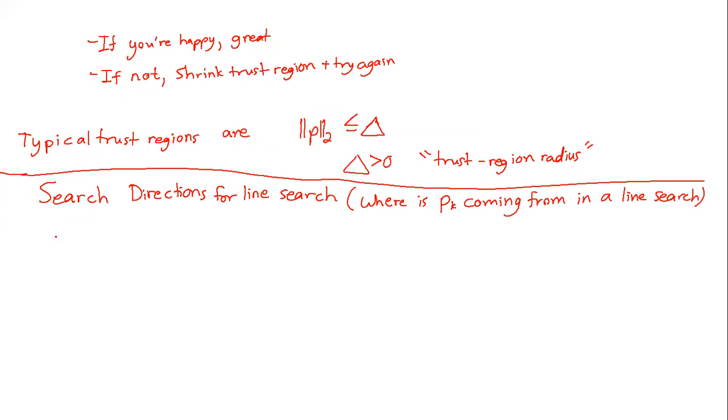There's this concept of what is called the steepest descent direction, which is one idea for getting pk. The steepest descent direction is negative del fk.